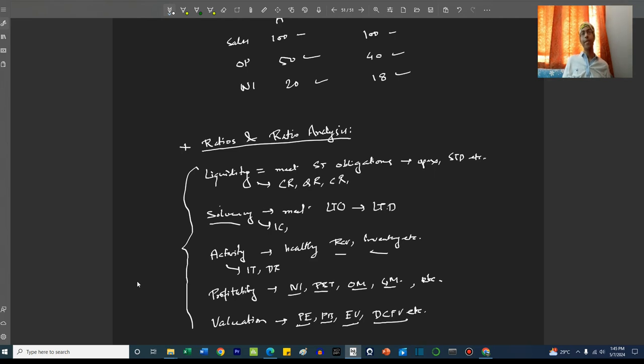In terms of profitability, obviously net interest margin, profit before tax margin, operating margin, gross margin, these numbers become very important. In terms of valuation, for example, the pricing kind of valuation methods, P/E ratio, PB ratio, can be used. In terms of absolute valuation figures, intrinsic valuation, discounted cash flow valuation, enterprise valuation, these numbers become important.